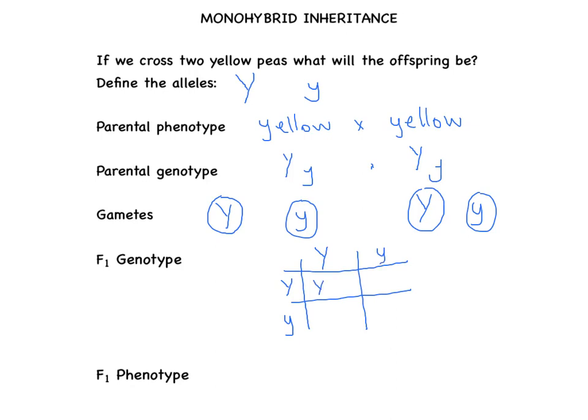So this is going to be big Y, big Y, this is going to be big Y, little y, this is going to be big Y, little y, and this is going to be little y, little y. So our F1 phenotypic ratio is going to be 3 yellow to 1 green, which is the standard Mendelian ratio for a monohybrid, one gene, heterozygous cross.